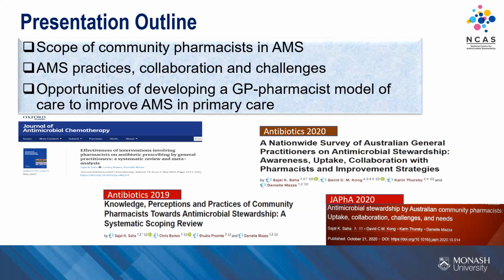So what we were trying to understand for a couple of years as part of my PhD program was demonstrated in the publications that came out in the last 2 years.